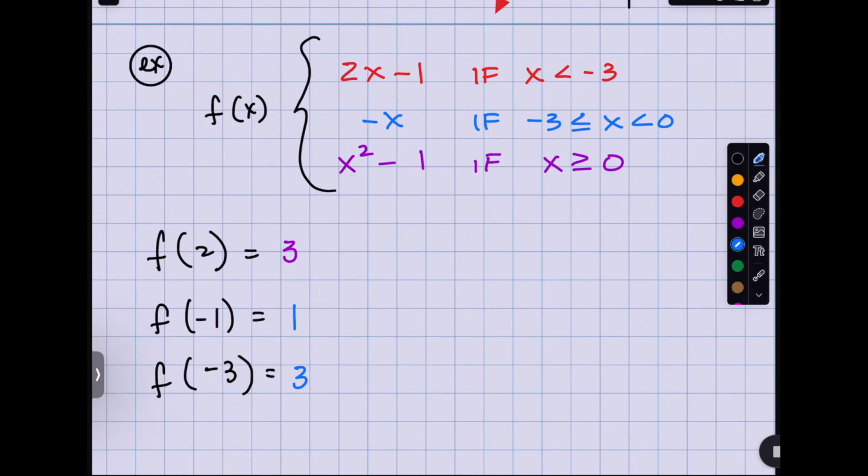The red does not include -3. Even though we use -3, that's why we had to use an open circle, because it doesn't include it.